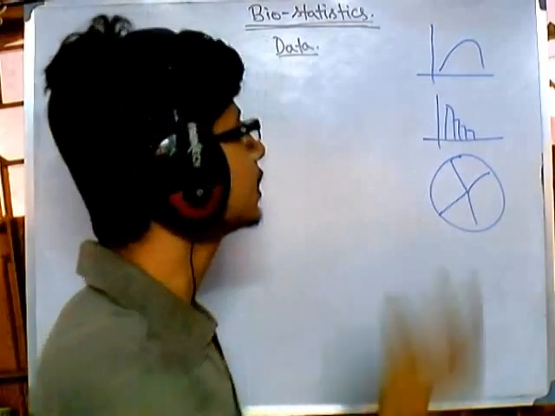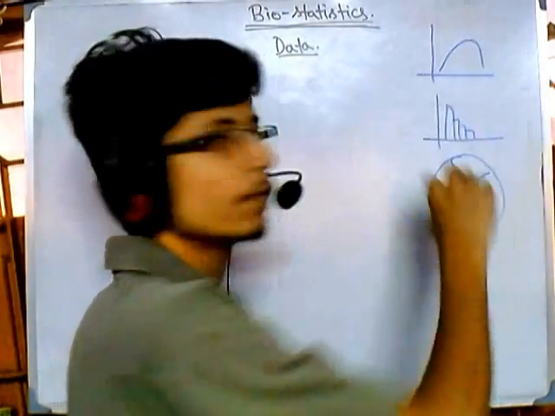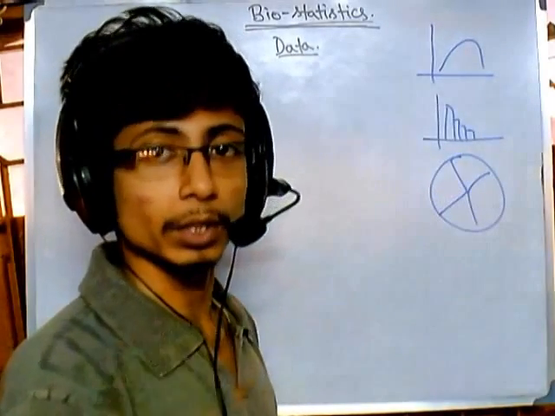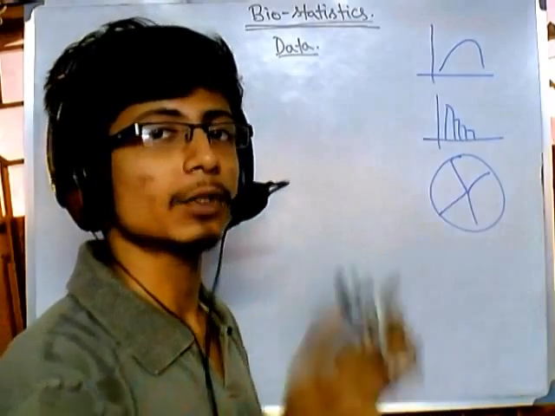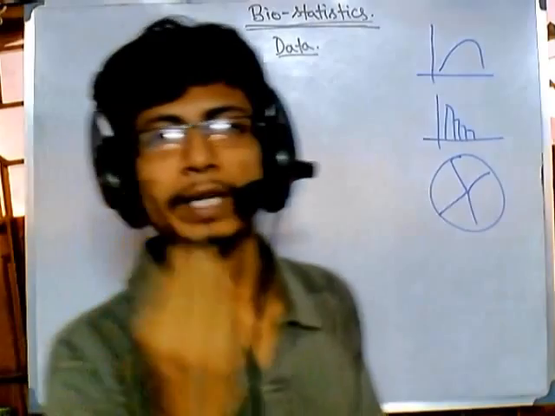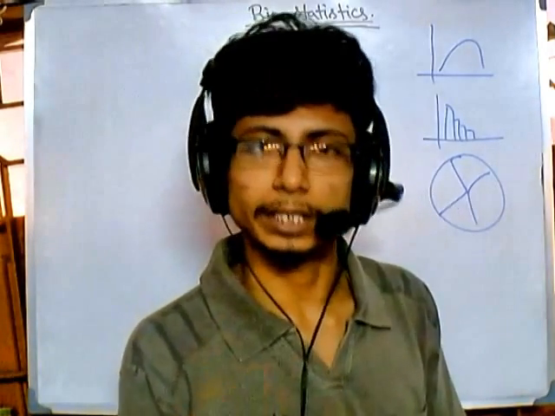Now why do we represent this data? Because once we represent the data in these pictorial forms, it becomes easier for us to understand what is going on in the data and what important facts the data tell us. So that is why we want to make a pictorial, graphical representation of those data.